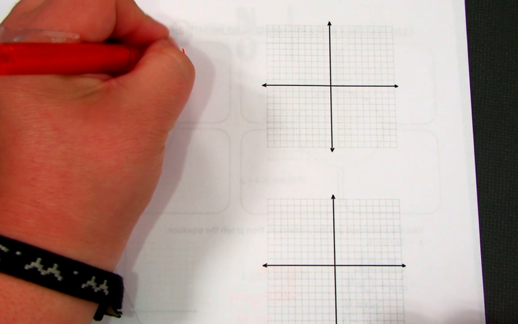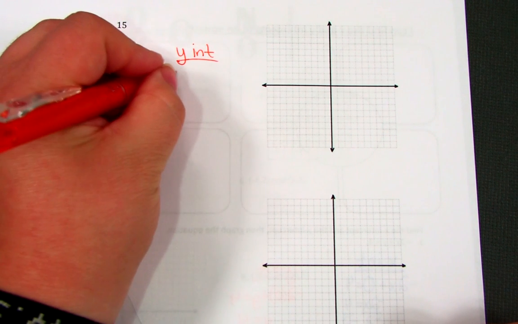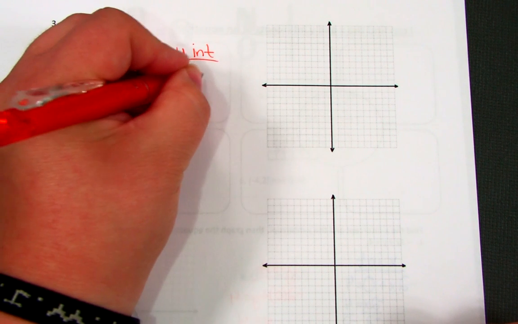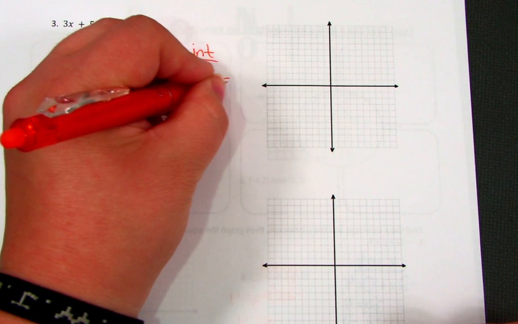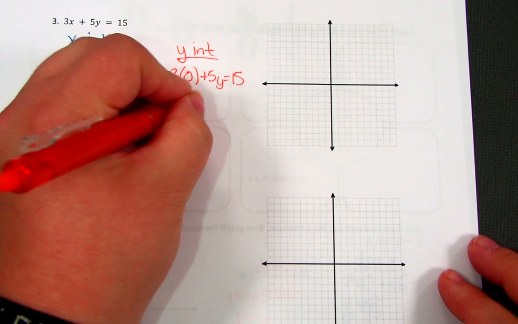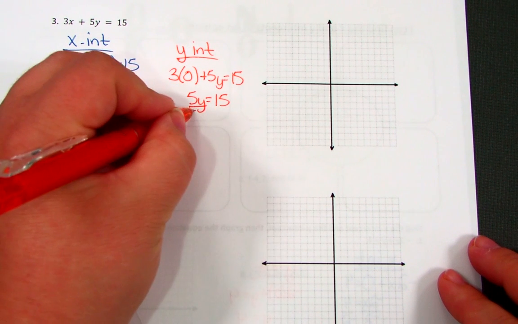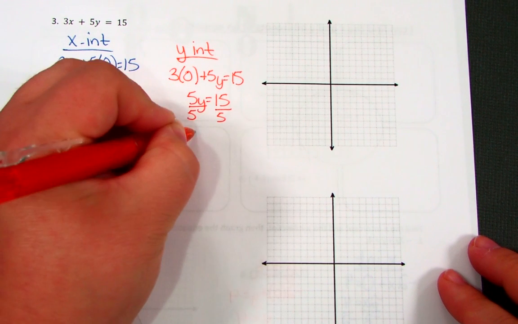Y-intercept, put 0 in for x. Three times 0 plus 5y equals 15, which really just means that 5y equals 15. Divide by 5.